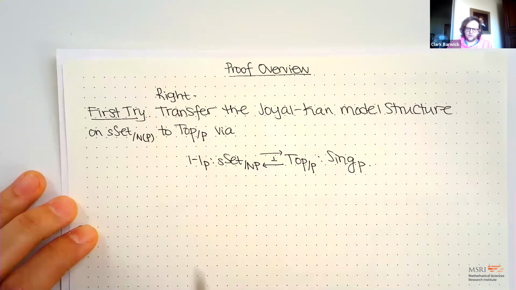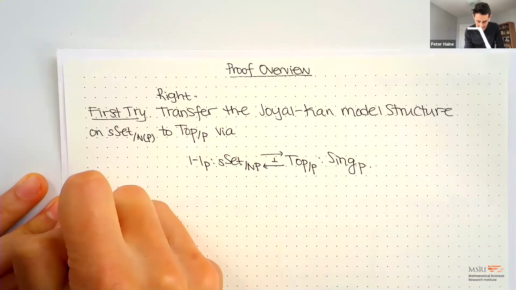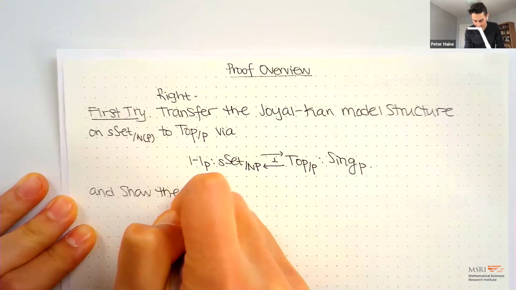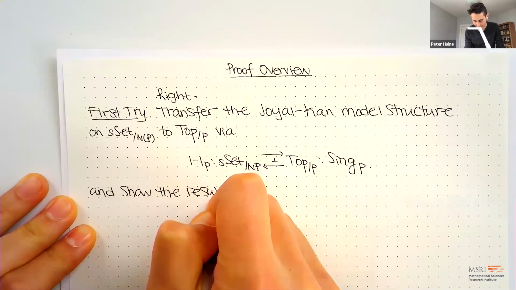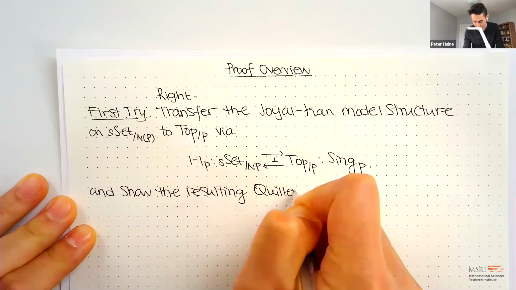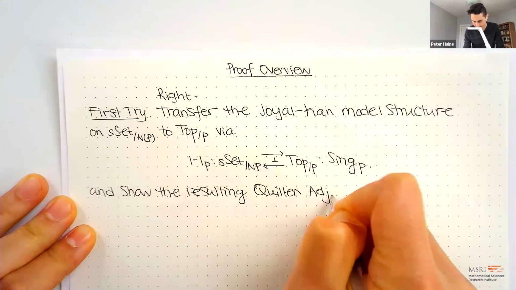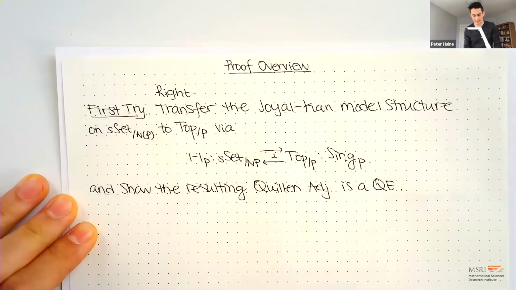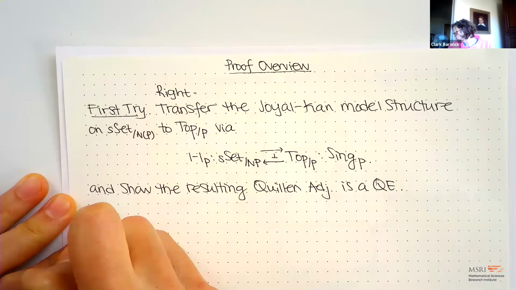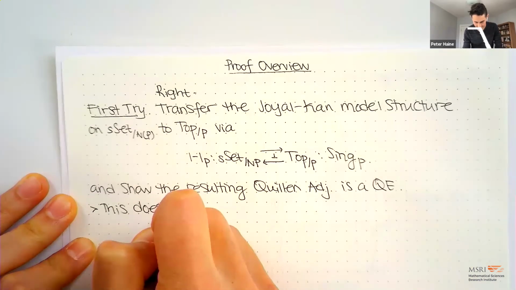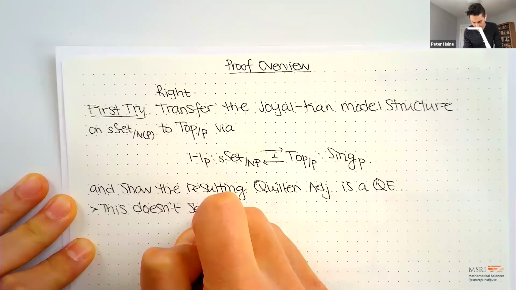So you might try to transfer and show the resulting Quillen adjunction is a Quillen equivalence. But basically this doesn't seem to be possible.